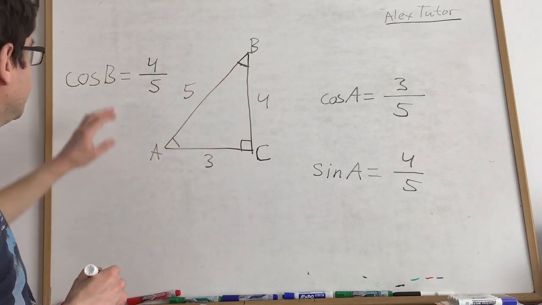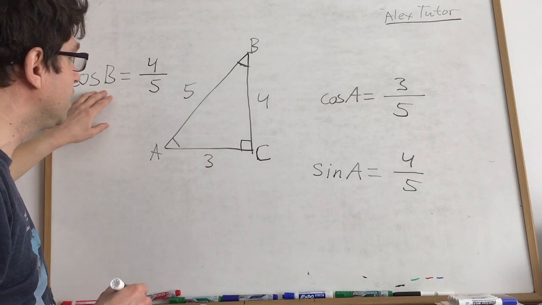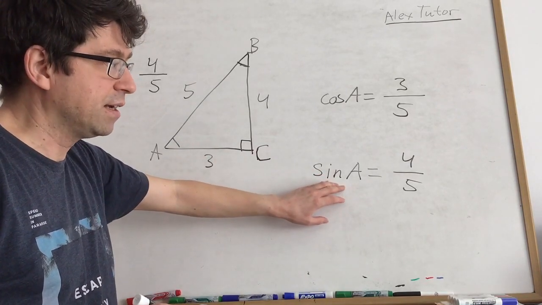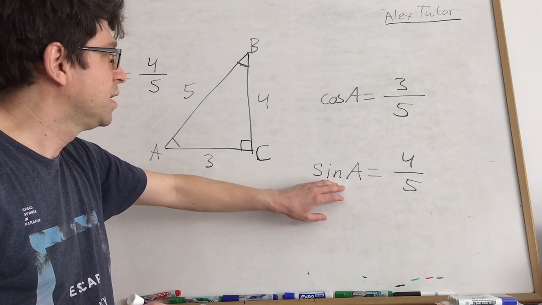So as you can see, cosine of angle B equals sine of angle A. Why?